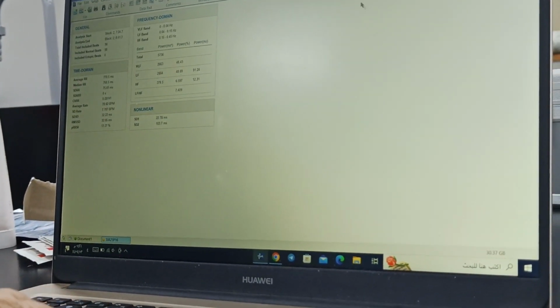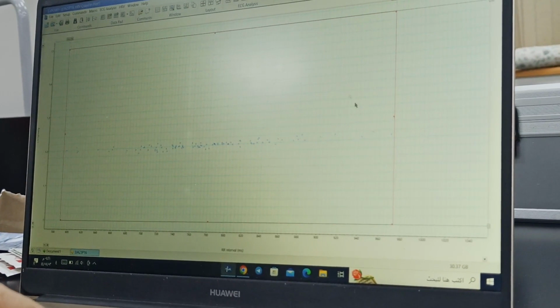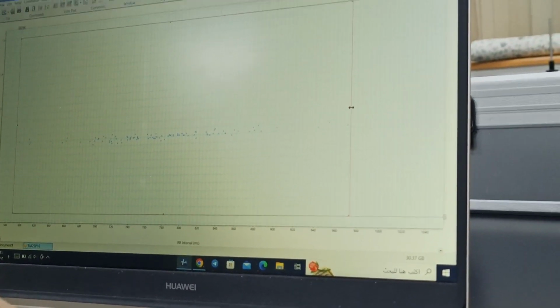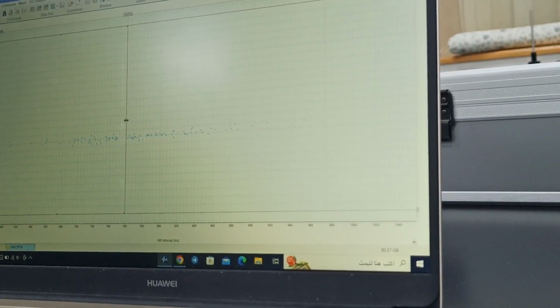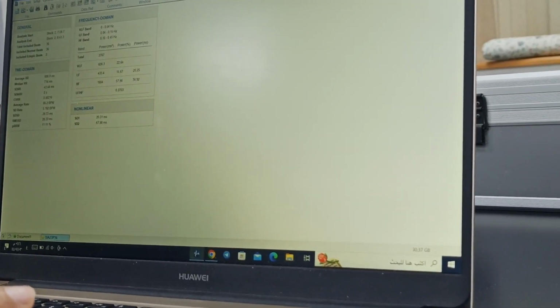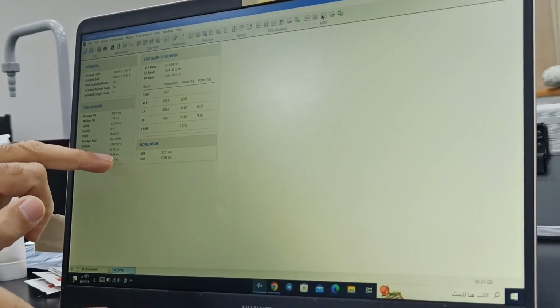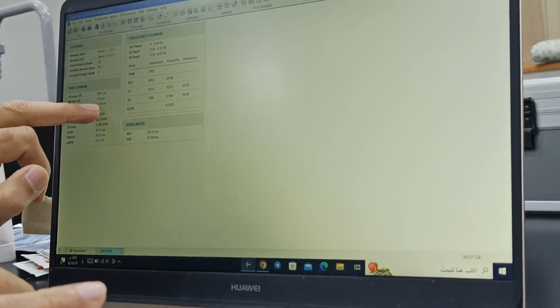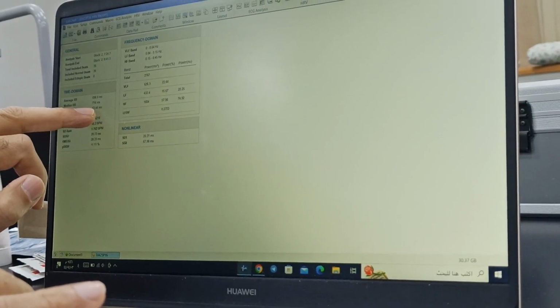Now if we exclude certain beats and make our calculation on a smaller scale, see the report now. RMSSD becomes 28. From 32, it is 28. And from 75, it comes to 43.